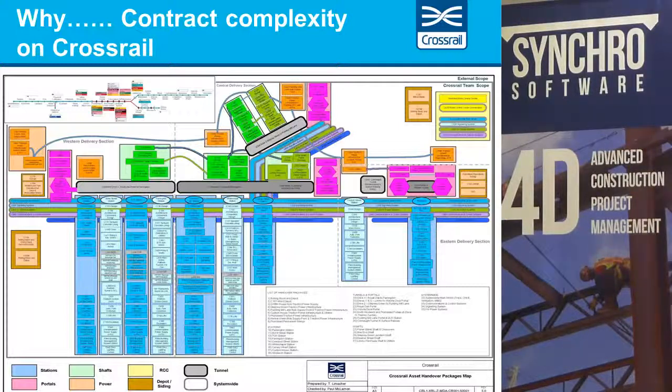So those contracts, the potential for miscommunication between those contracts is vast, and that miscommunication is not only multiplied by the scale of the contracts, it's also multiplied by the interdependency of them.